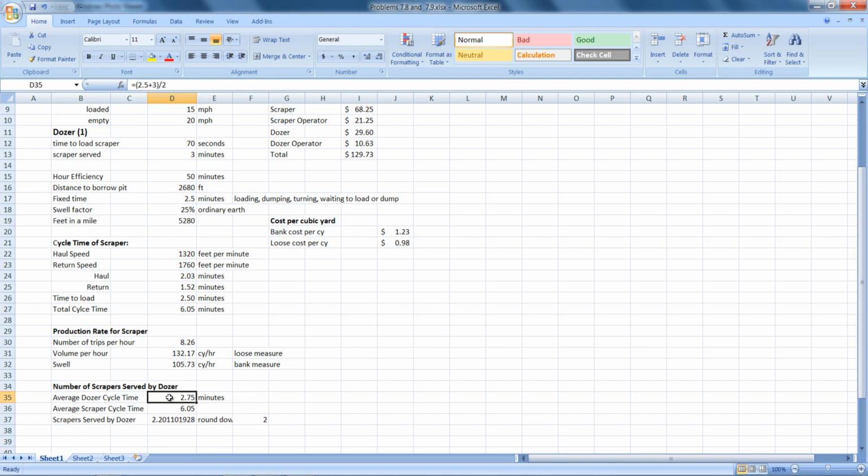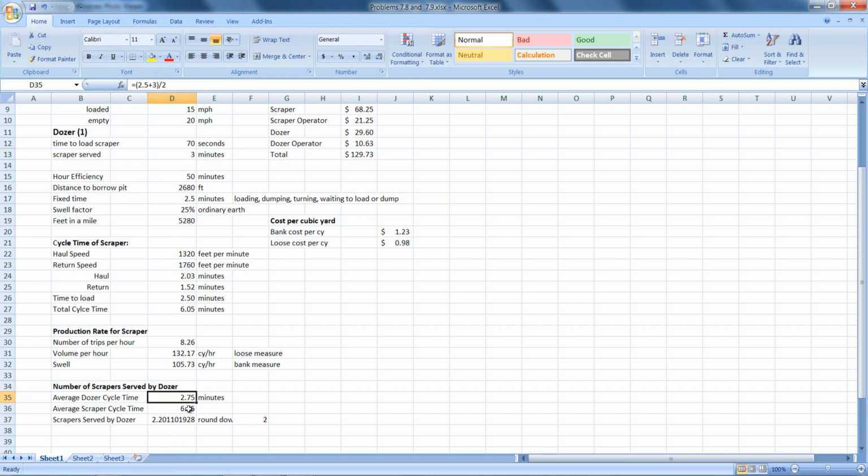You could use more if you're out on the site timing equipment. You could take 10 measurements and divide to get a more accurate time. For our purposes, they gave us a range, and we're just going to use the middle number, 2.75.